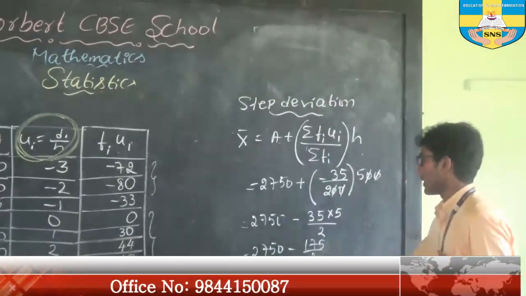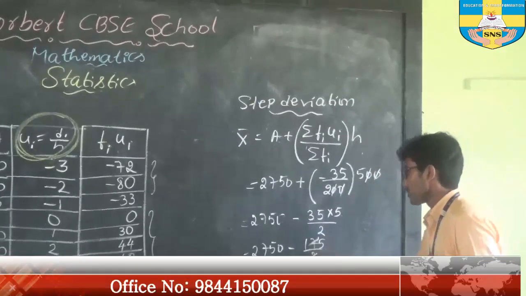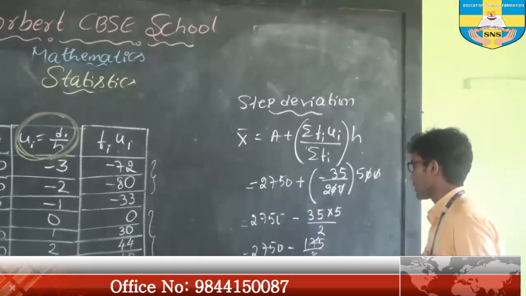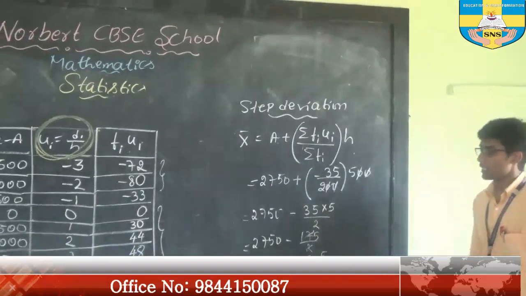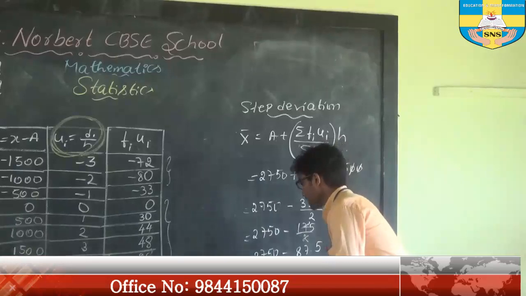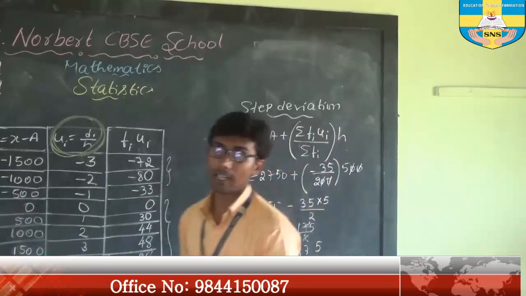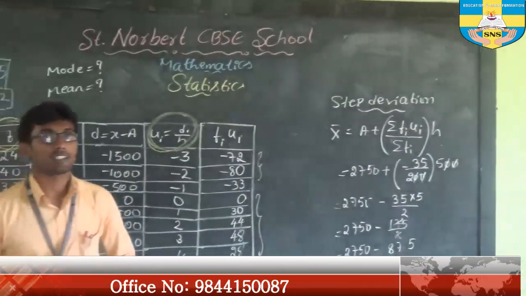If you divide, this is 87.5. Then if you subtract these two, your final answer will be 2662.5. This is the answer for mean of the grouped data.